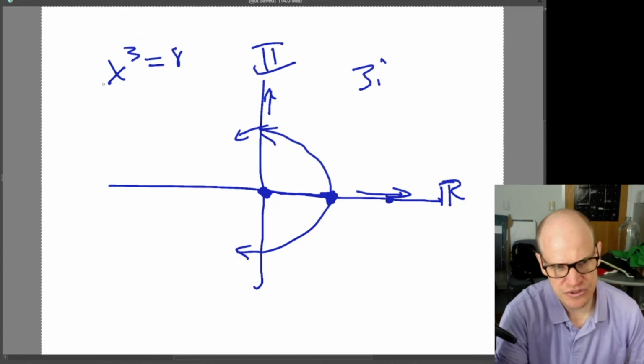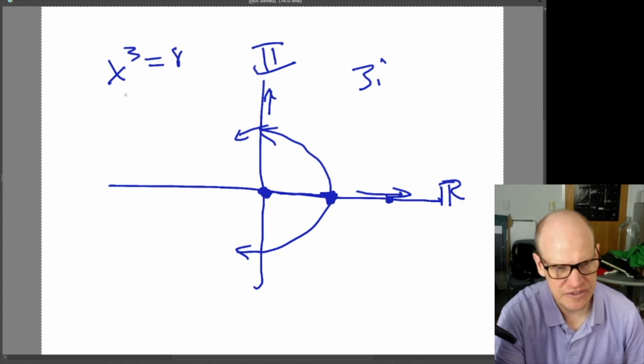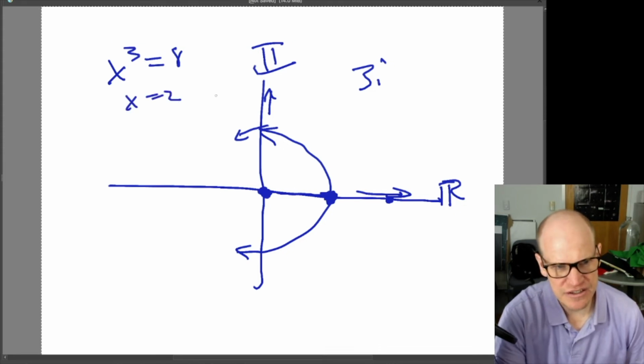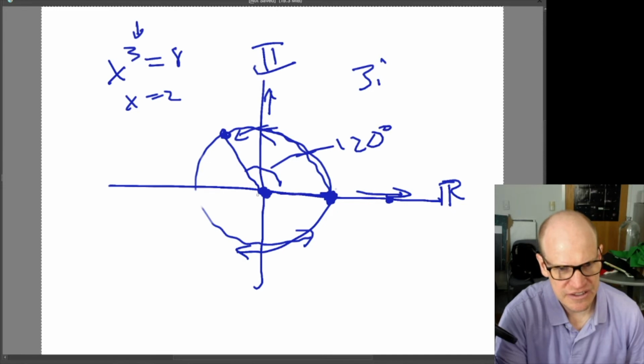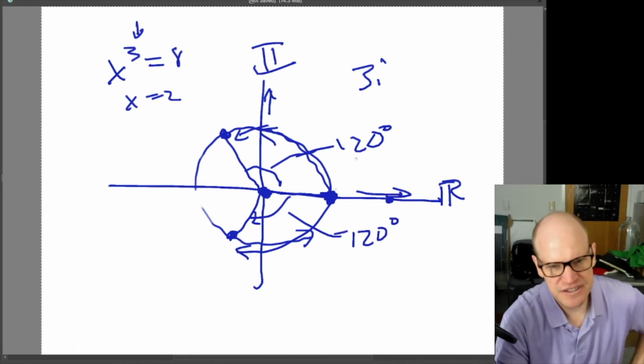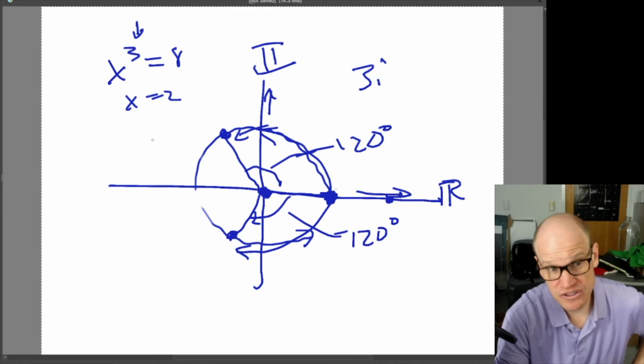In this case, it's 2, the real value of that radius. So x equals 2 gives me here. Then the 3 roots are all equidistant as you go around this circle. So it's going to put you here, where this angle is 120 degrees, and then down here, where this angle is minus 120 degrees. So that is where all these roots lie.